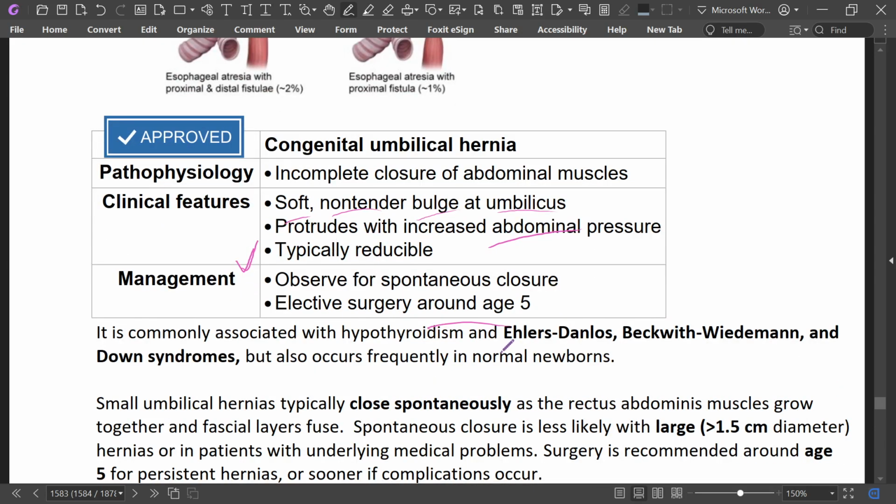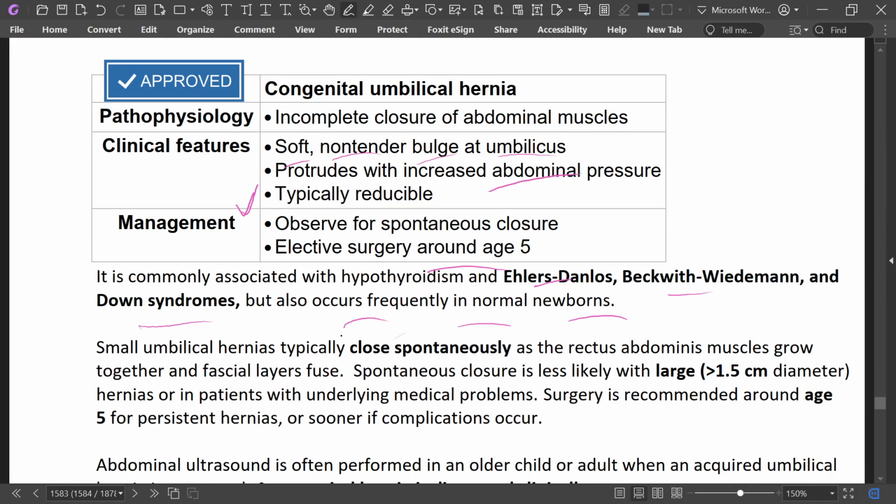It is commonly associated with hypothyroidism, Ehlers-Danlos syndrome, Beckwith-Wiedemann and Down syndrome, but also occurs frequently in normal newborns. Small umbilical hernias actually close spontaneously.